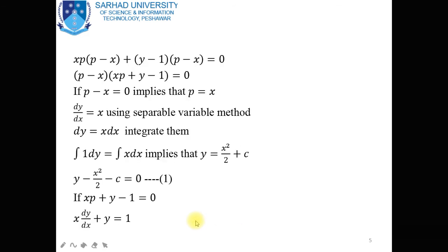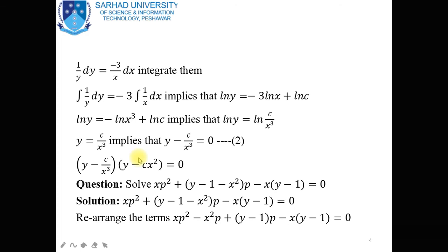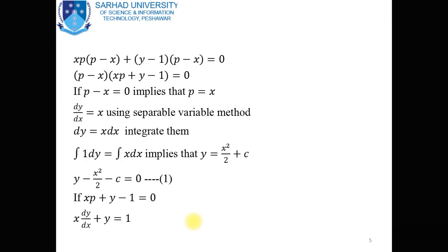Now for the factorization, from the first two terms we can take xp common: xp into p minus x plus y minus 1 into p minus x is equal to 0. Now p minus x is again common, so p minus x into xp plus y minus 1 is equal to 0. So we have two factors.